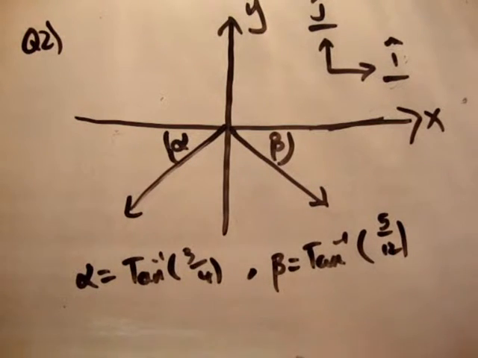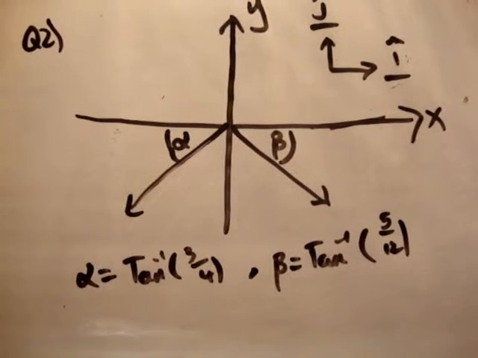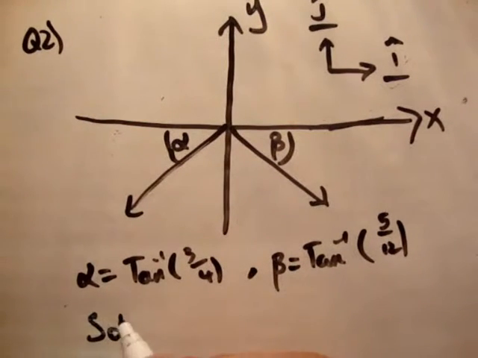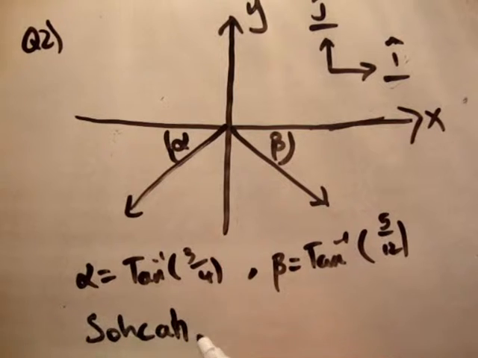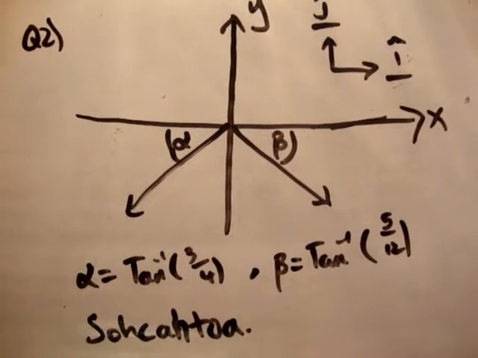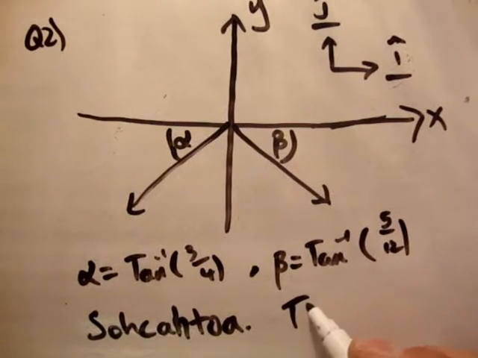Now, remember, we want to be able to get the magnitude of our vector here. So, how do we go about doing this? The first thing we know is from SOHCAHTOA that tan is opposite over adjacent.